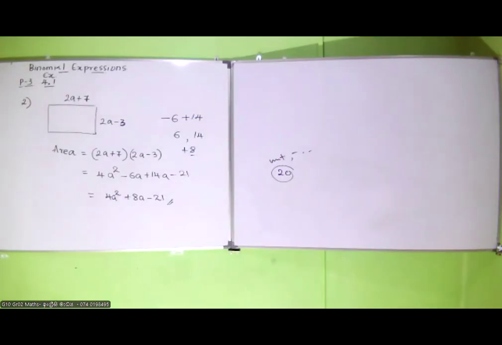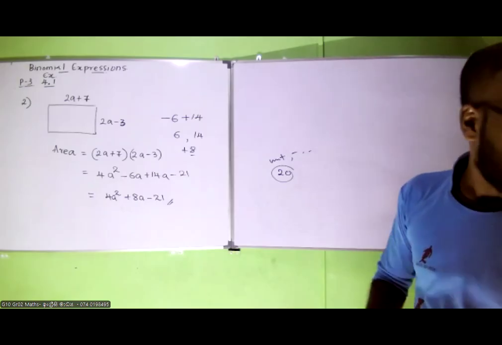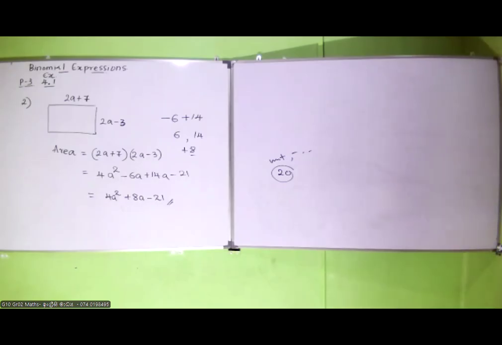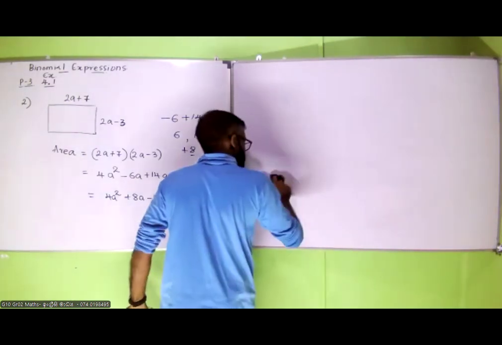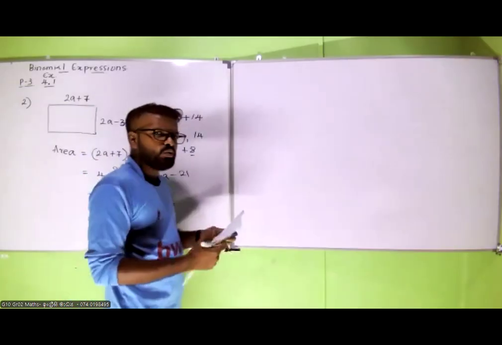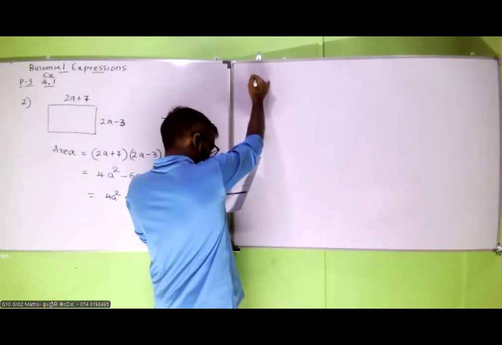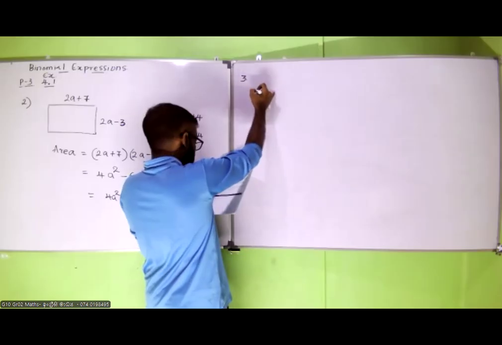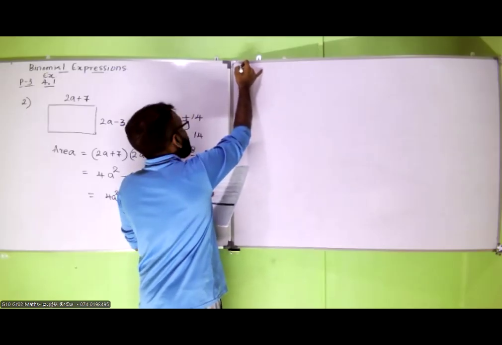Right. I will discuss now. Look at the board. Now, there are two sisters in example number 3.